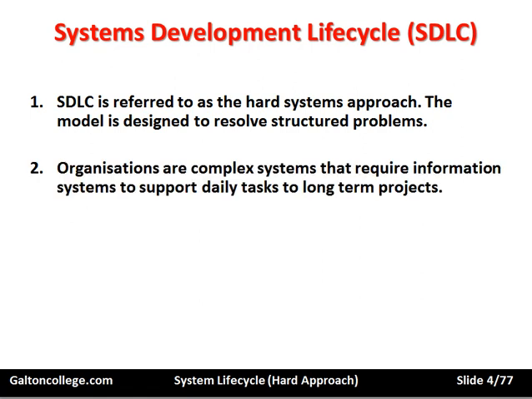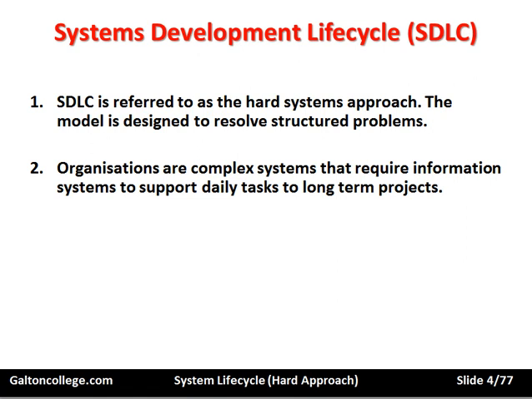Organizations are complex systems that require information systems to support daily tasks to long-term projects. Organizations are complex. They deal with people, they deal with different departments, and the flows of information within even medium-sized companies can be very complex, flowing in all sorts of directions, from the top to the bottom, from senior management down to the shop floor, and from the shop floor back to senior management.